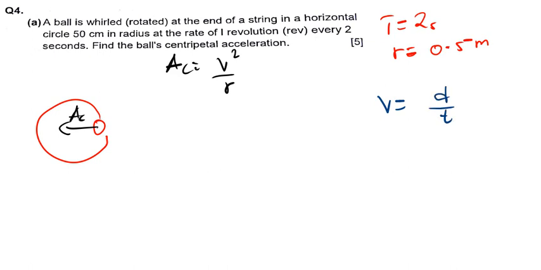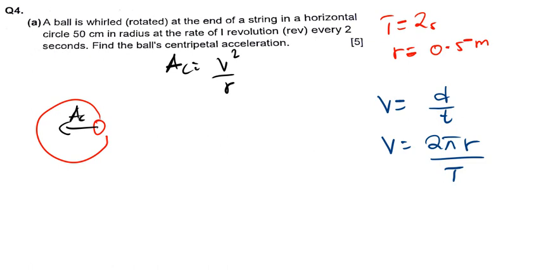The distance covered in one revolution, from this point until it comes back to that point, is the circumference of the circle. The circumference of the circle is 2 pi r. I divide that by the time it takes to complete one cycle, which is the period, t. So I can now find the v.